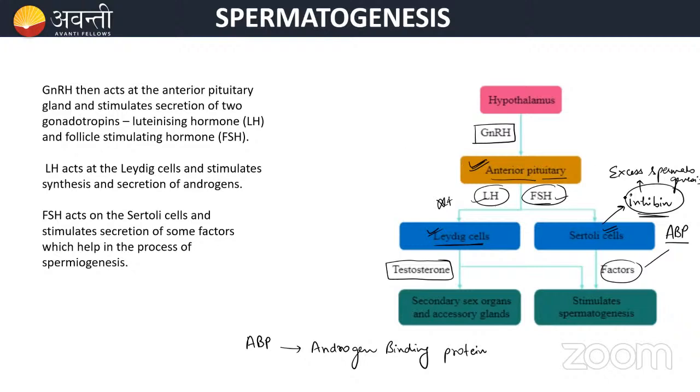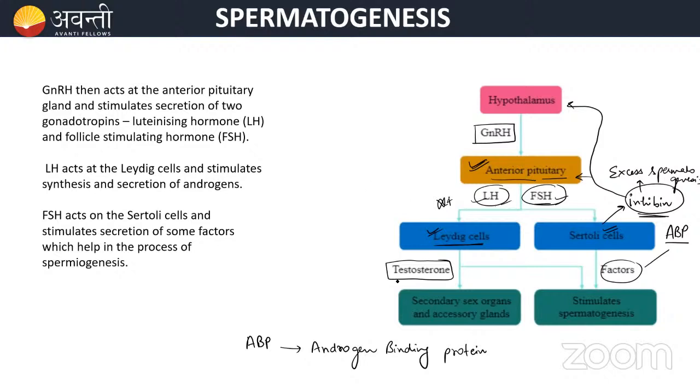This hormone sends negative feedback to the hypothalamus and the anterior pituitary. When it gives negative feedback to these two glands, they produce a low level of LH and FSH, because of which the spermatogenesis will be suppressed or reduced.